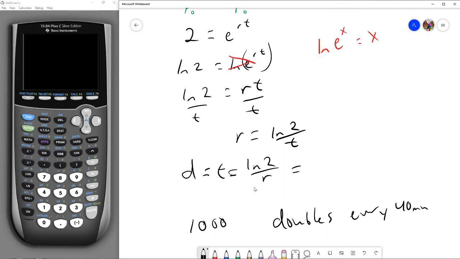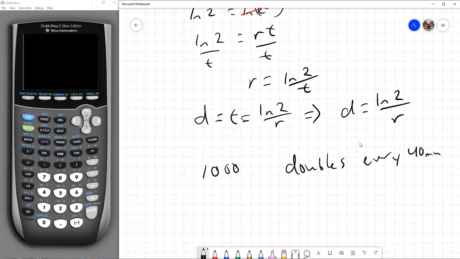I just thought I should make it more clear. So our doubling time is equal to natural log of 2 over r. This is how we will convert from relative growth rate to the doubling time model.